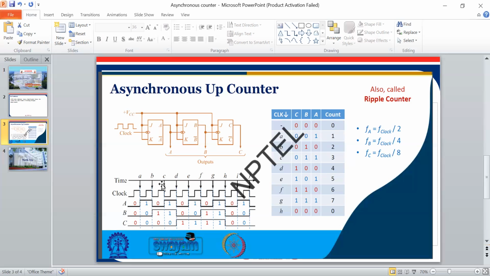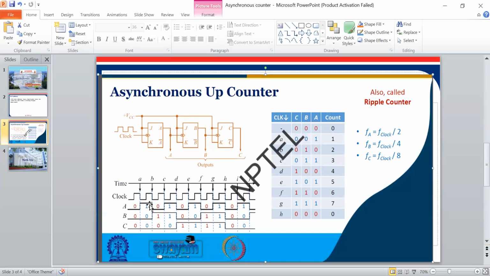The same we can explain here with the help of these waveforms. Whenever the negative edge of signal A will come, with the help of this B, we can check. At instant B, A is having the negative edge. So this output B is toggling from 0 to 1. Again, at this D instant, A is having its negative edge.